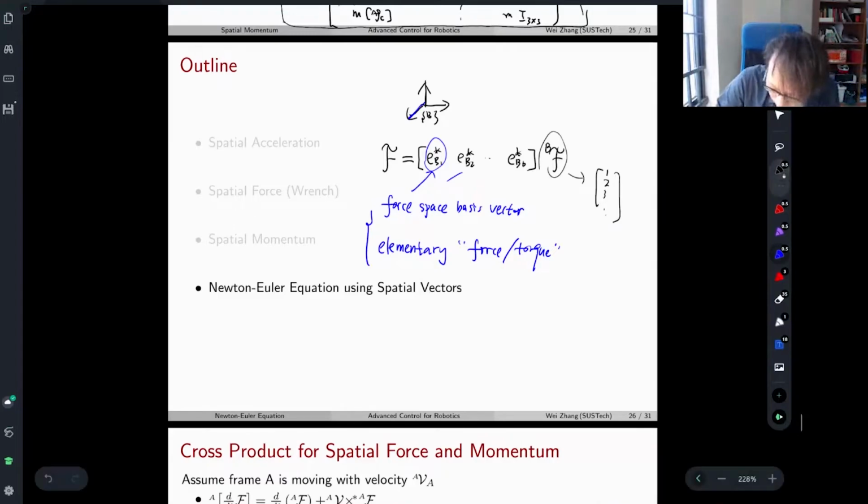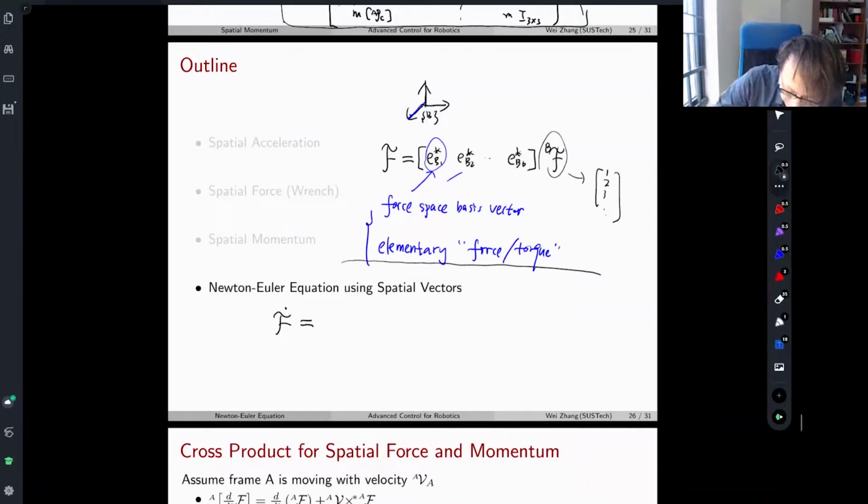I don't want to go into too much detail because we spent a lot of time on the motion part. So if I take the derivative of this force, then what do I do? Let me call this matrix X_B star. This B doesn't mean anything else, it is the basis of the B frame, the force vectors in the B frame.